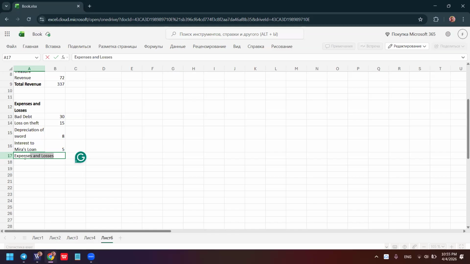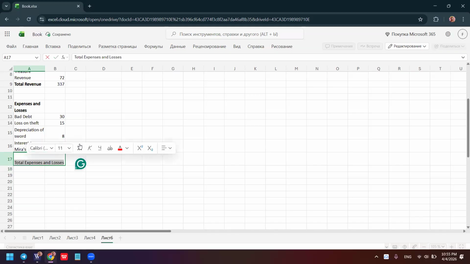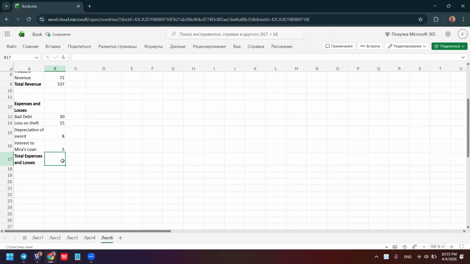By the way, let's calculate first the total expenses and losses. Total selling. So it's 20, 50. And there must be something missing.